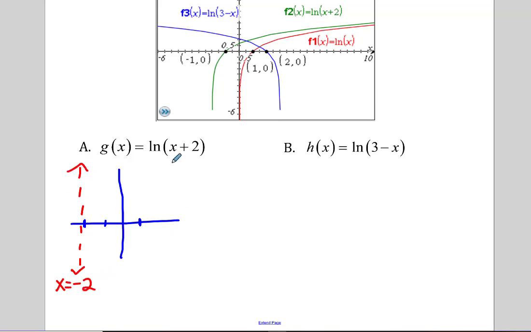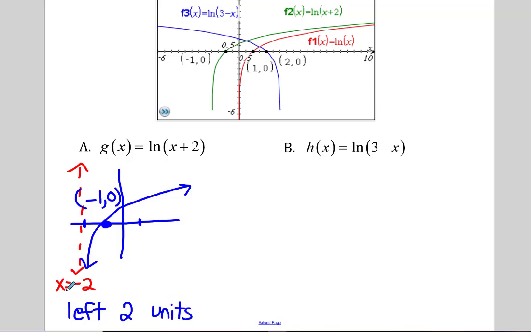When I say this graph is shifted 2 units to the left, what I really mean is that x-intercept, (1, 0), moves 2 units to the left. It's now at (-1, 0). That's my new x-intercept, and the graph goes off to the right like that.